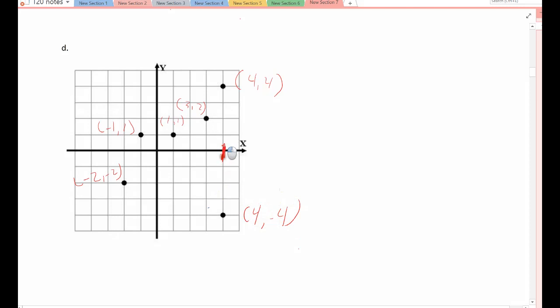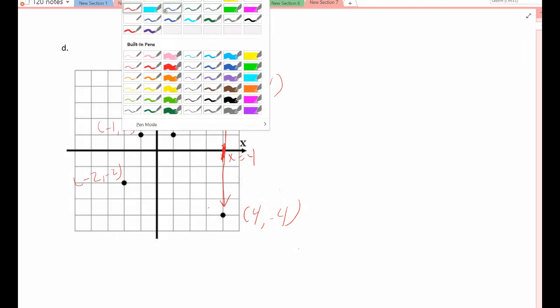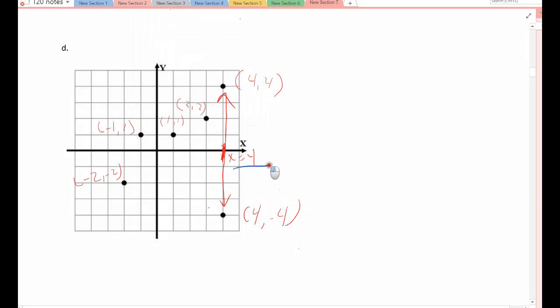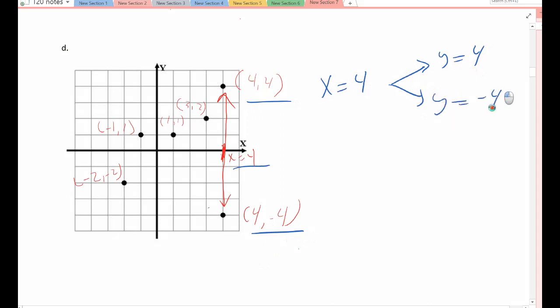Alright, so at the x value 4, I have 2 points, which means when I have the x value 4, it's paired with 2 y values. Happens to be 4 and negative 4.